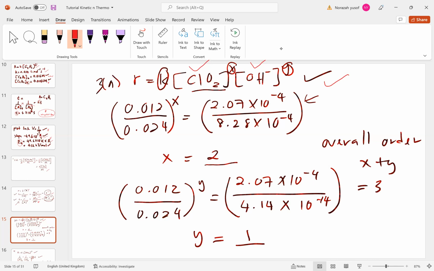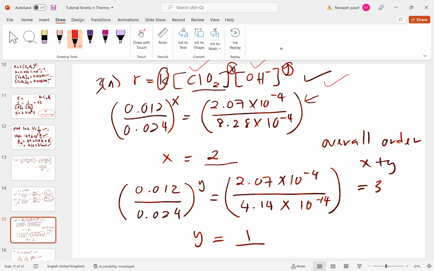Row experiment 1 and 2. Okay, in experiment 1 and 2, we see that the concentration of ClO2 is changed from 0.012 to 0.024, whereas the concentration of hydroxide is fixed at 0.012 in experiment 2, 0.012.